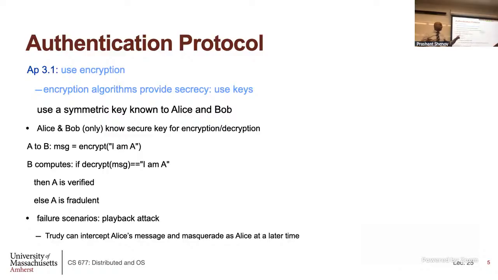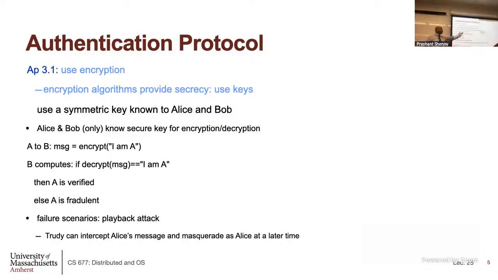But this algorithm is actually vulnerable to what is called a playback attack. So what an intruder can do is essentially capture this encrypted version of the message. The intruder does not have the ability to decrypt this message because the intruder does not know the secret key.